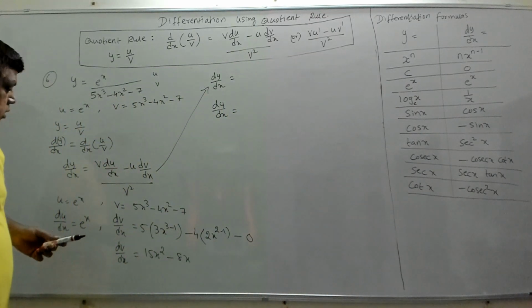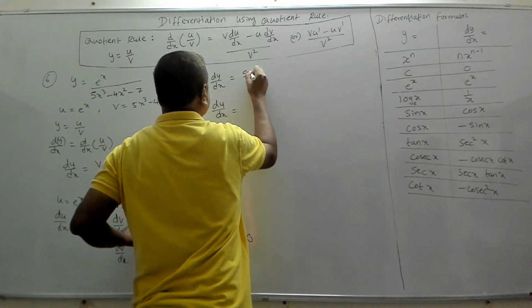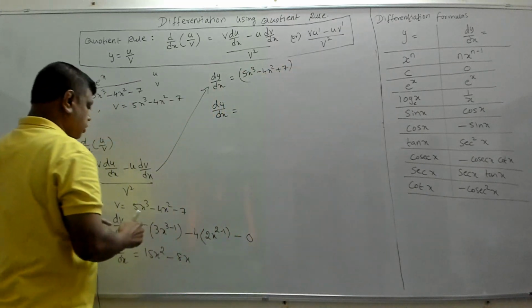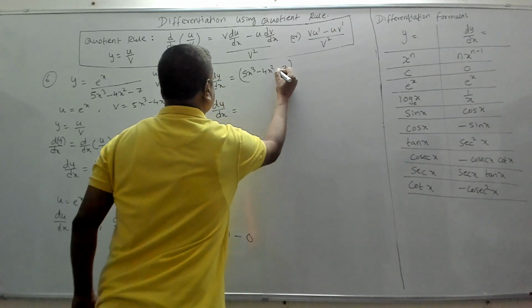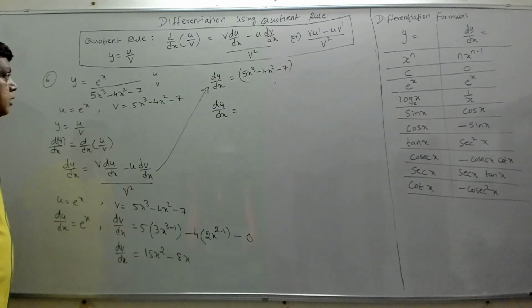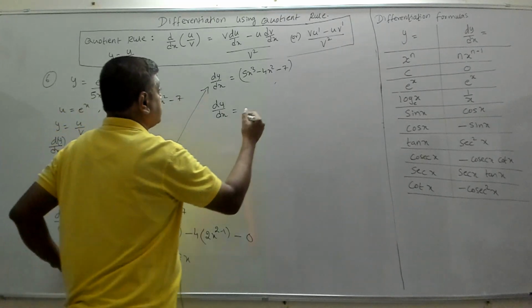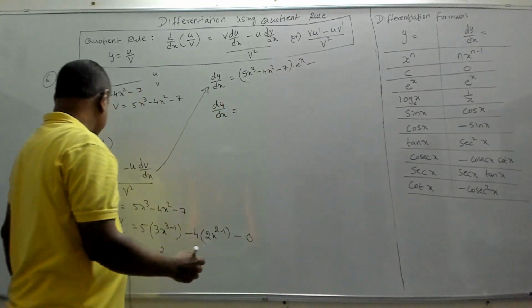So now our v is 5x cube minus 4x square minus 7. Fine. So v into du by dx. Du by dx is e power x, into e power x, minus u.